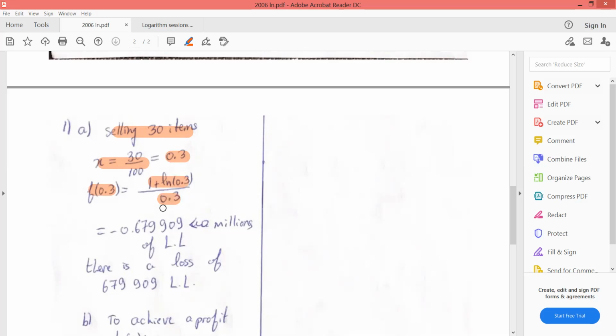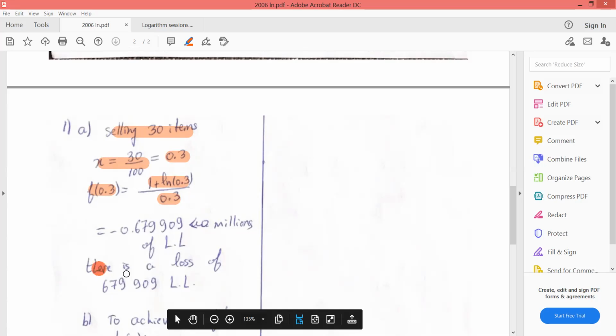By using the calculator, we get minus 0.679909, which is less than 0, in millions of Lebanese lira. So do we have a profit or a loss? Loss. There is a loss.